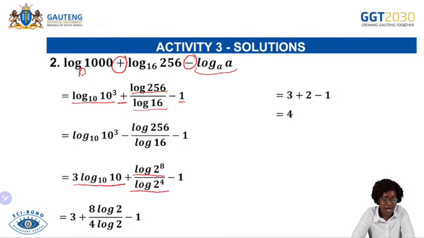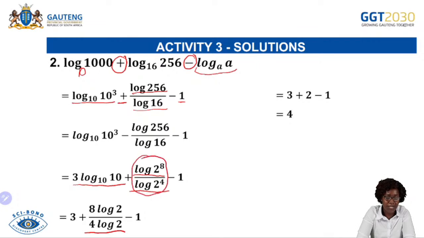Then we subtract 1. Again, like I indicated, this step can be skipped because if you are now familiar with logarithms, you'll notice that the solution for this part of the expression will simply be 8 divided by 4, which gives us a 2.